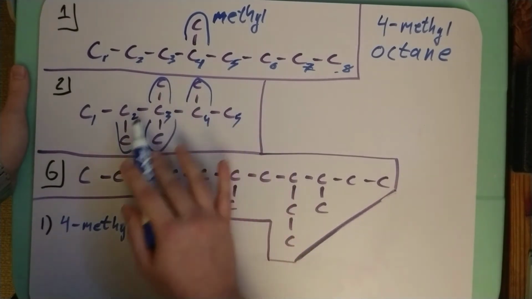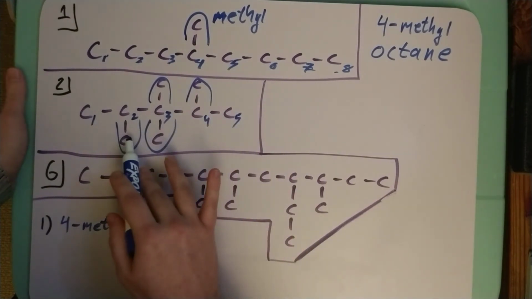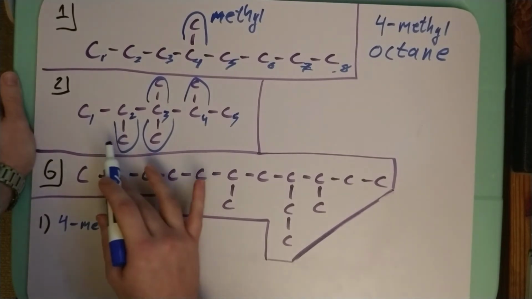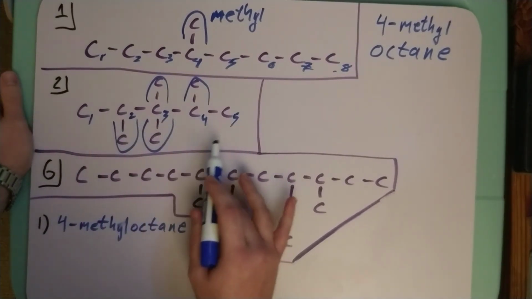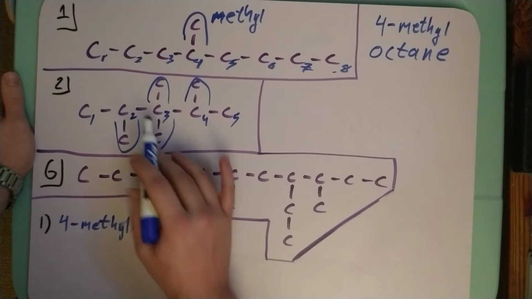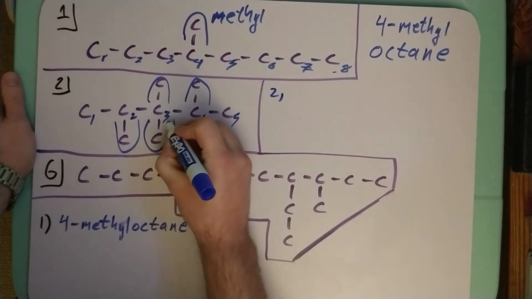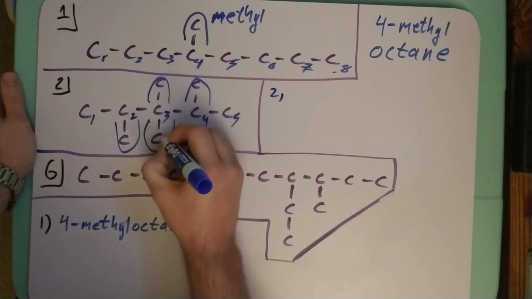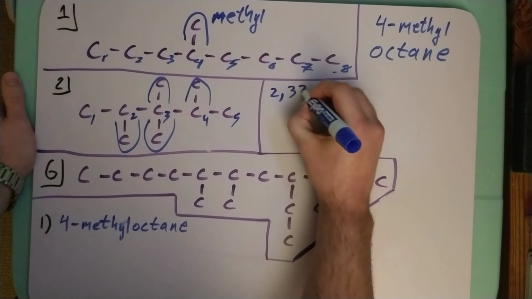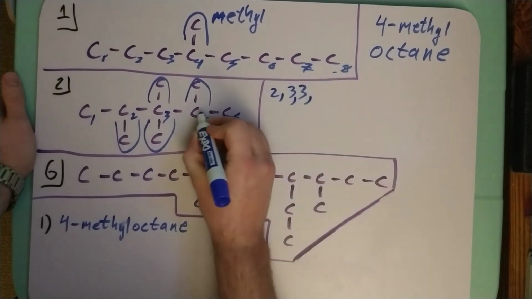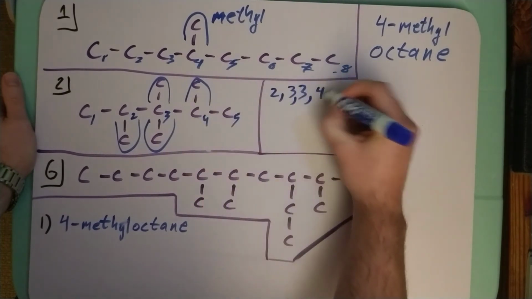So, on this one, what we do is we list all of the numbers for those methyl branches. So we have 1 on 2. We have 2 on 3, so we will list the 3 twice. And then we have another one on 4.